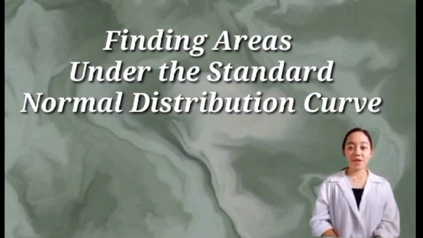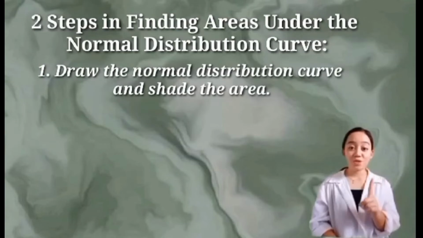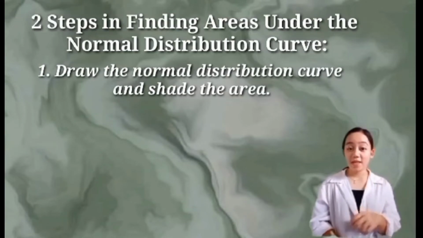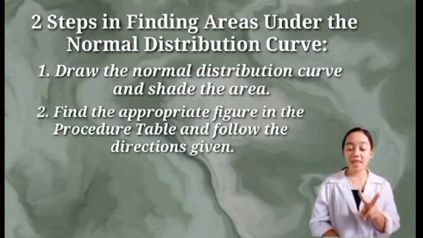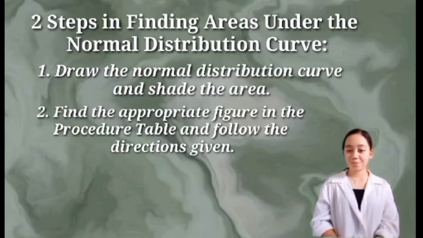In finding areas under the standard normal distribution curve, a two-step process is recommended with the use of the procedure table. Step 1, draw the normal distribution curve and shade the area. Step 2, find the appropriate figure in the procedure table and follow the directions given.